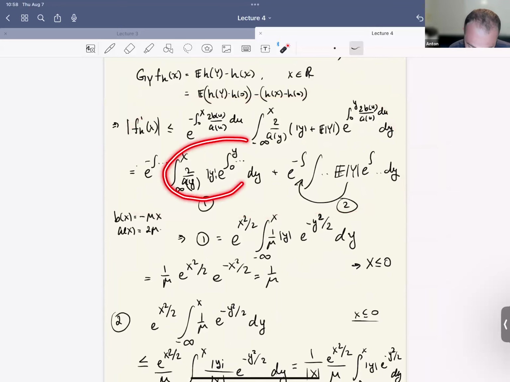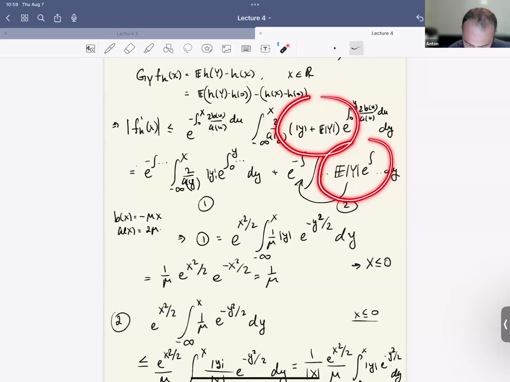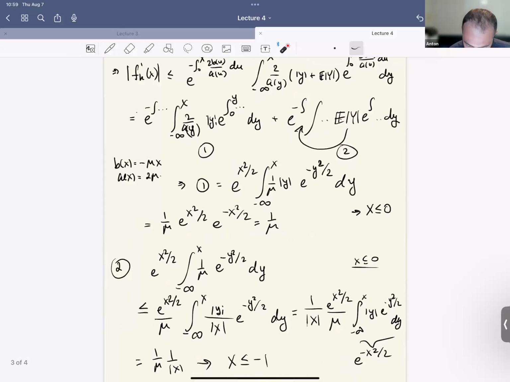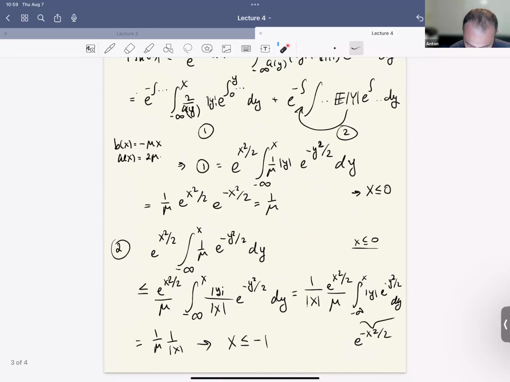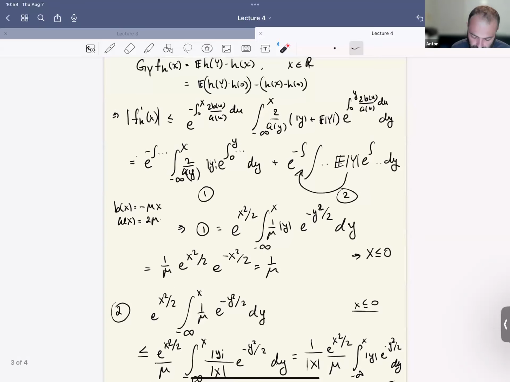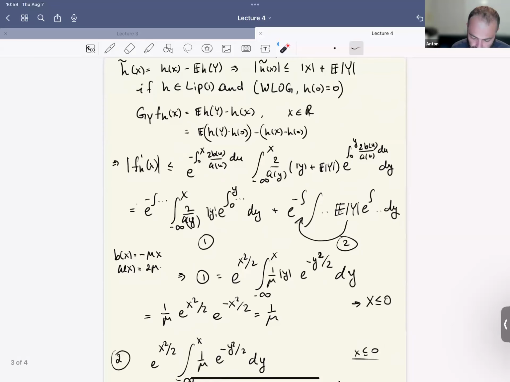Basically, any variable inside the integral should be a y, not an x, because the x corresponds to the limit of integration. So any of the variables inside the integral should be y's, and I kept writing them as x's. But then the bounds here are correct. One of them is x, one of them is y. Yes, the absolute value of y, this one and this one, came from the fact that h is Lipschitz.